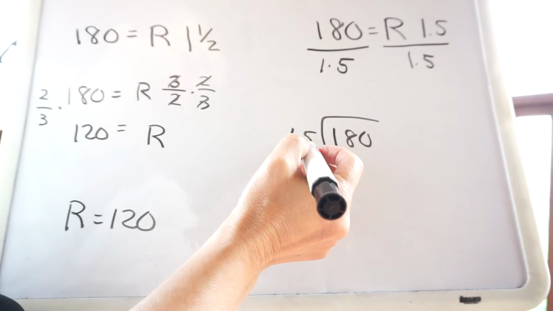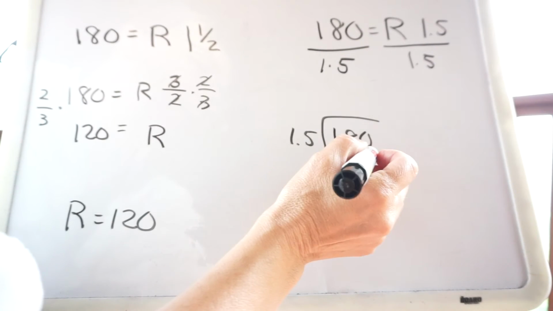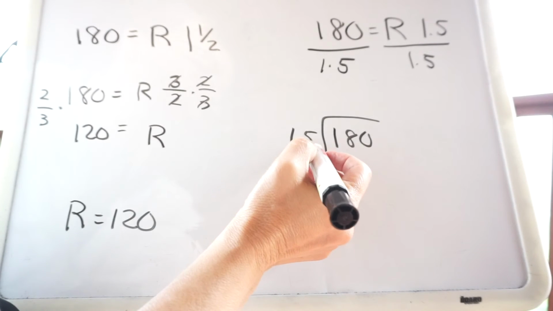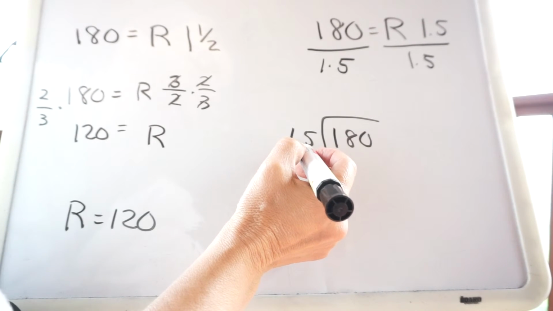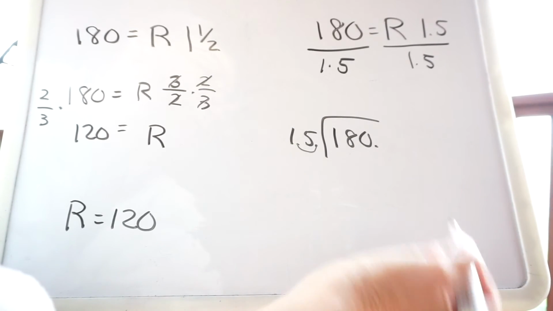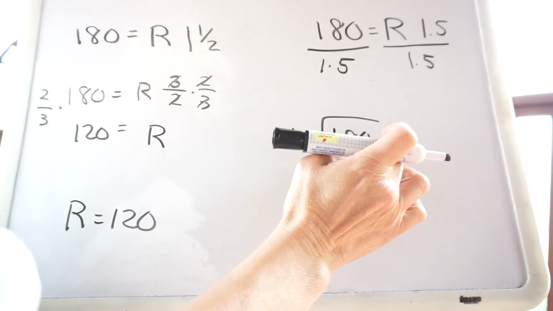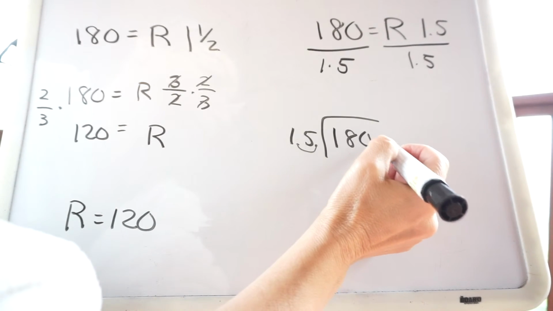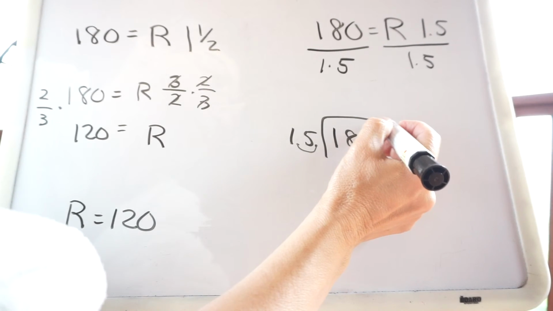The way we get rid of it is we move the decimal point one place here. If we do it here, we have to do it here, because essentially what we're doing is multiplying this by 10 and multiplying this by 10. So we move that decimal place over to here. This decimal would normally be here if there was no decimal. It's always at the end. And then we would have to move it one place. We put a 0 in there as a placeholder.